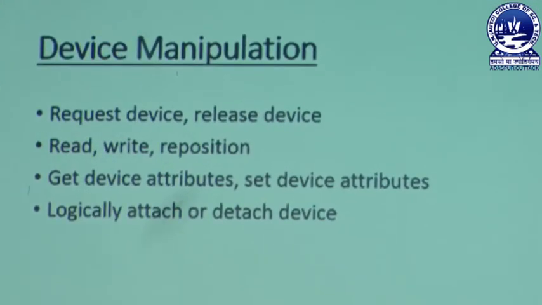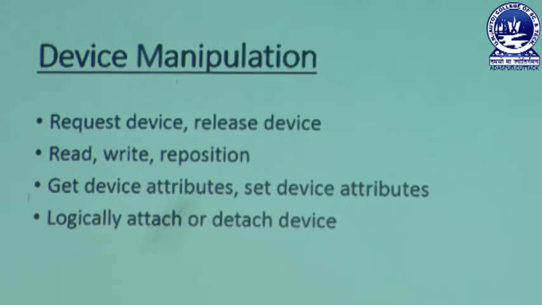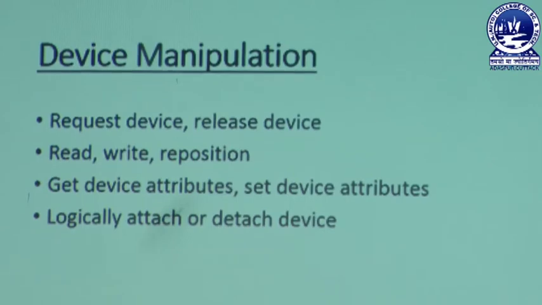We know that there are many processes running in our system, and when they are executing, they need access to certain resources. The resources may be devices. To maintain those devices that are allocated to such processes, we have to make system calls to control a device. So what are those?